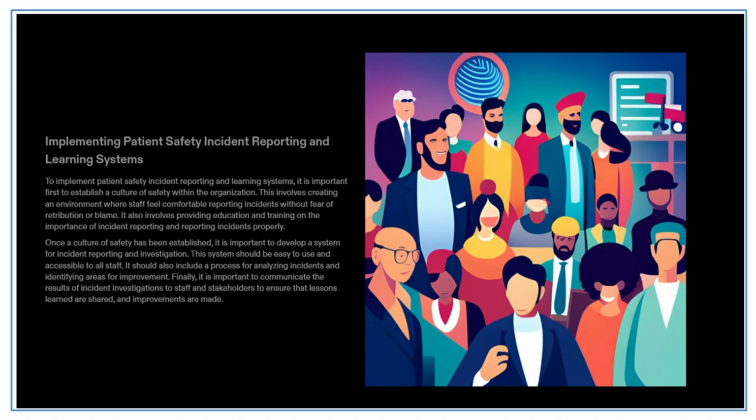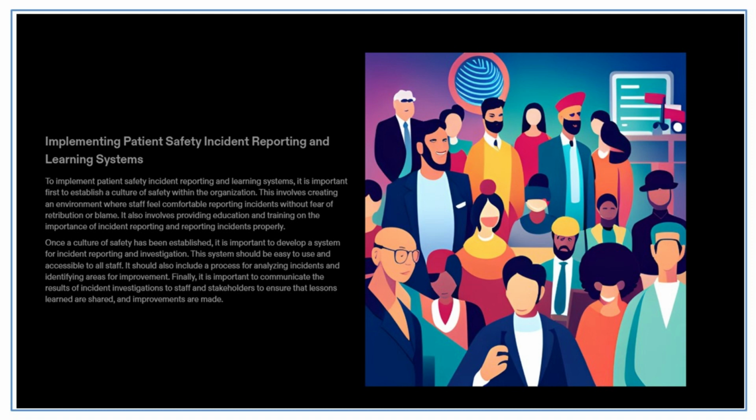So once the culture has been established, it is important then to develop a system for incident reporting and then investigations. This system should be easy to use, as already explained, and accessible to all the staff. And it should include the process of analyzing the incident and identifying the area of improvement.